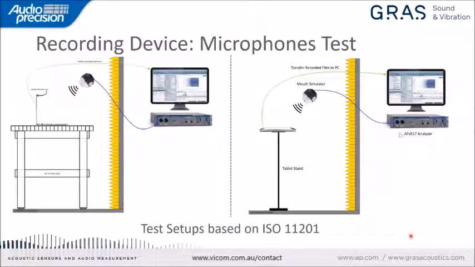And here we can see 2 different setups, one for laptop and one for tablet. They are very similar to the setups I showed before, but in these cases, as we are testing the microphones, we'll be using a mouth simulator to play back the signal generated by the AP software, and that will be captured by the microphone in the laptop or the microphone in the tablet.